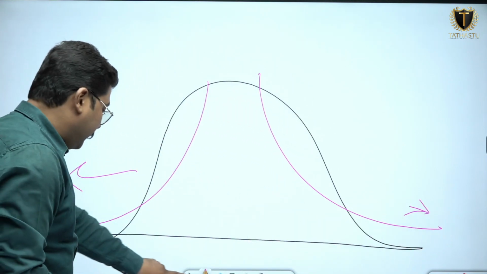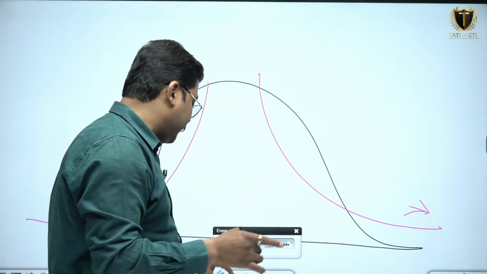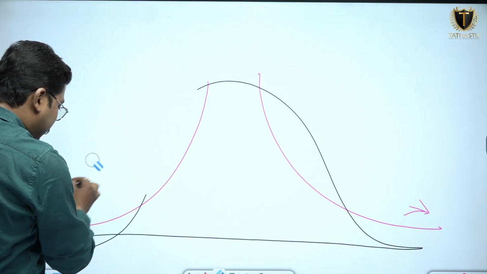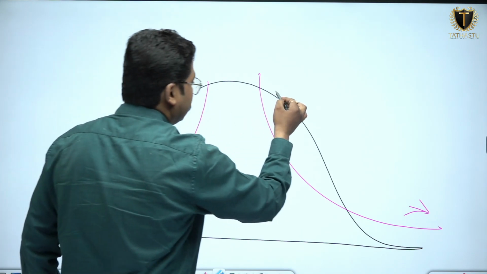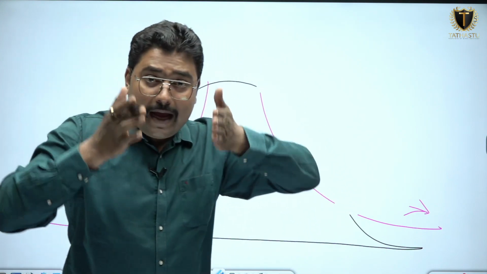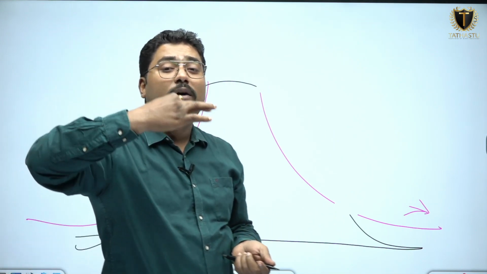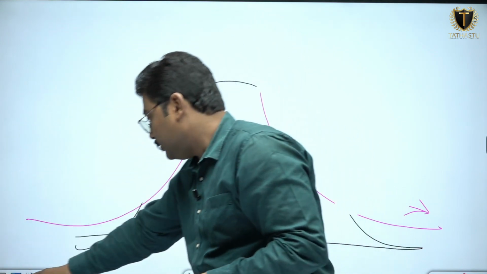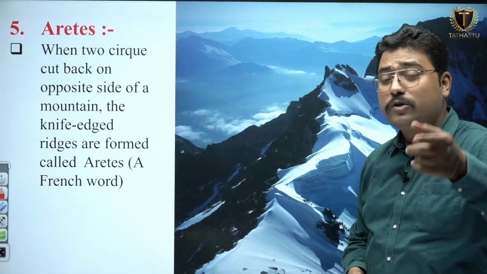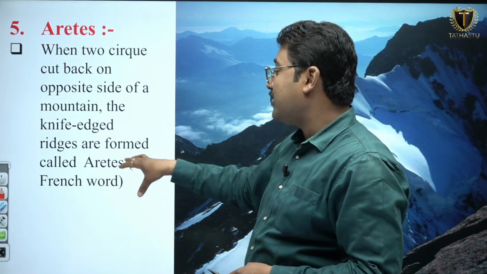So the two cirques will be created on opposite sides, like this. So it will be considered as arêtes, and the edge of the ridge will resemble the edge of a knife or sword. Here you can see the two cirques cut back on opposite sides of the mountain. The knife edge ridges which are formed are considered as arêtes.